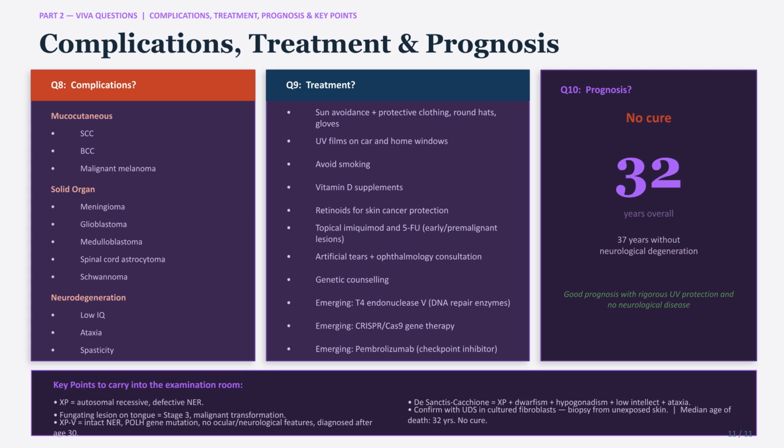The examiner asks, what are the complications of XP? Complications include mucocutaneous malignancies, SCC, BCC, and malignant melanoma, solid organ malignancies, meningioma, glioblastoma, medulloblastoma, spinal cord astrocytoma, and schwannoma, and neurodegeneration, low IQ, ataxia, and spasticity. The examiner asks, what is the treatment? Sun avoidance and sun protection, protective clothing, round hats, gloves, UV films on car and home windows.